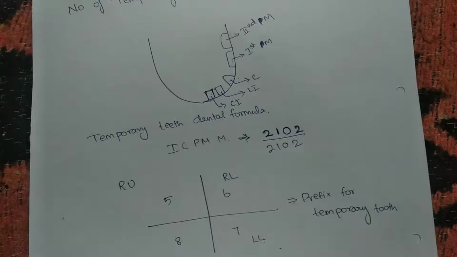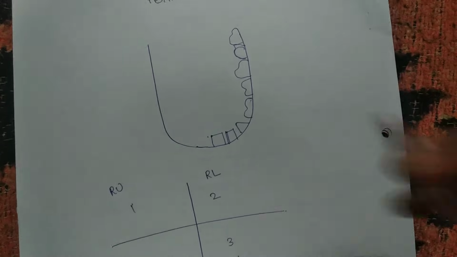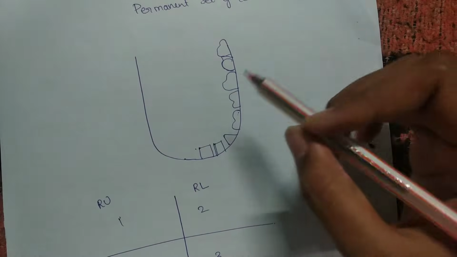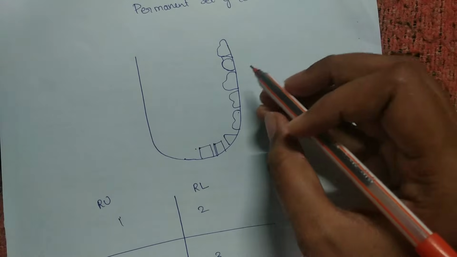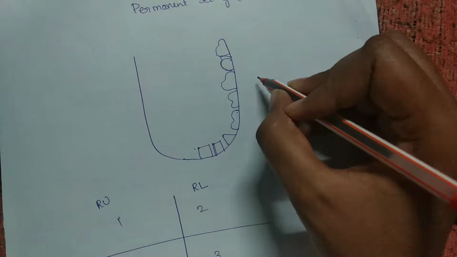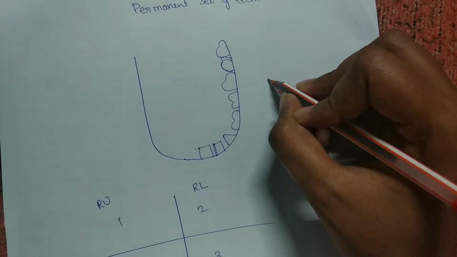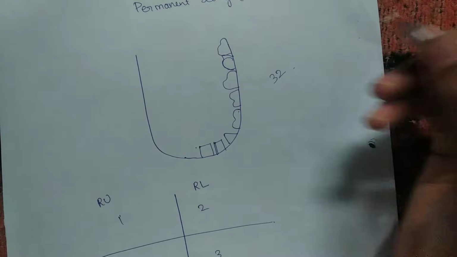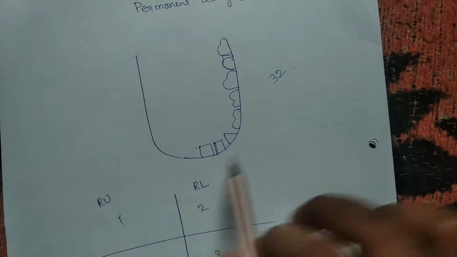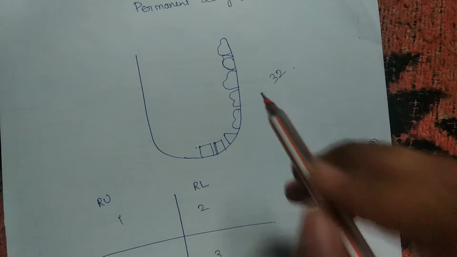Then coming to the permanent set of teeth. Our mouth will have a total of 32 permanent teeth and each quadrant will have 8 teeth.